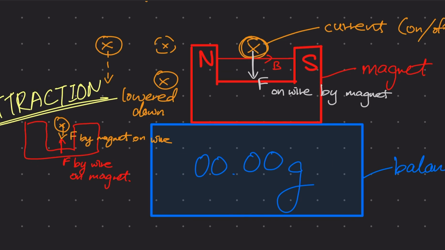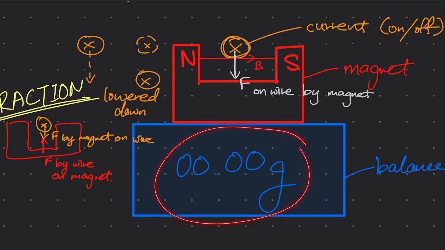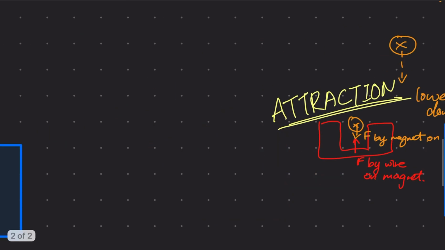Let's say my current is off right now, nothing is switched on, and this force originally does not exist. How is the balance reading here? And after I switch it on, does the balance reading change in any way? And if so, how does it change? This is what I'm going to focus on explaining right now.